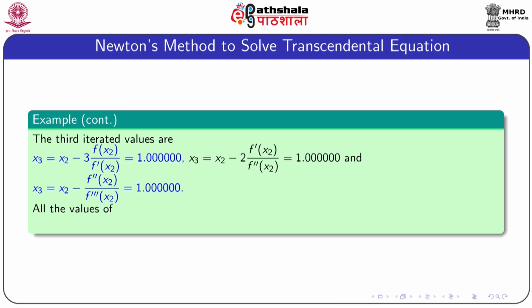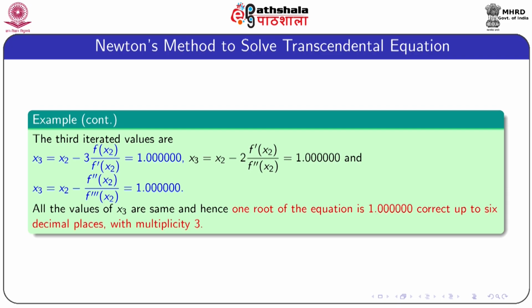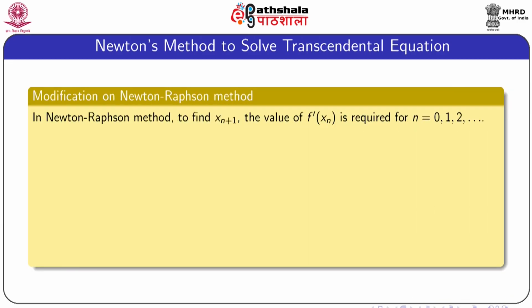So we conclude that the given equation has a multiple root of multiplicity 3 and the root is 1. That means the final conclusion is that one root of the equation is 1, correct up to 6 decimal places with multiplicity 3.